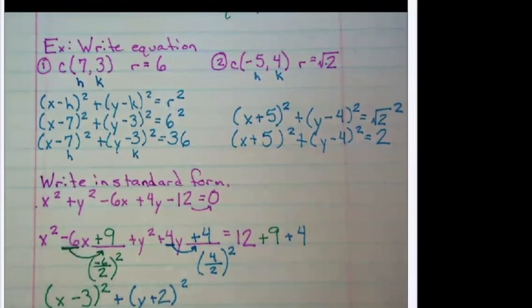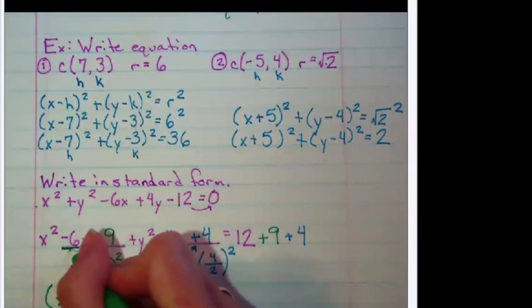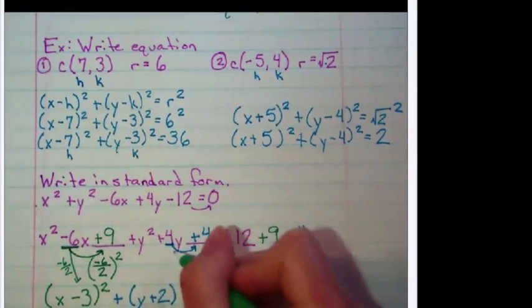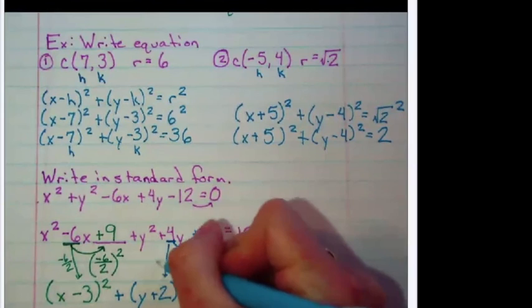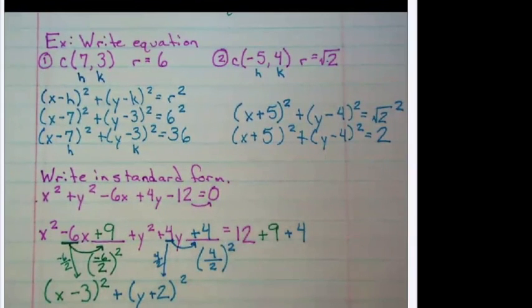Now there's a shortcut here. It's always going to be half of what that middle term was. So we just have to divide it by 2. So notice on both of these, all we had to do to find out what that factor was is divide by 2 for that middle term.